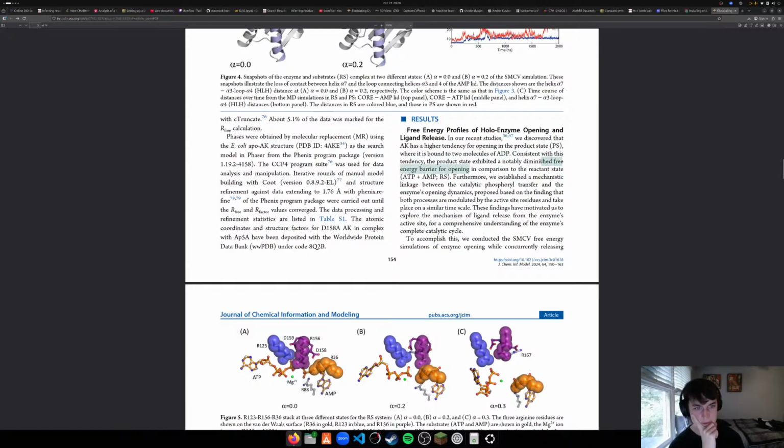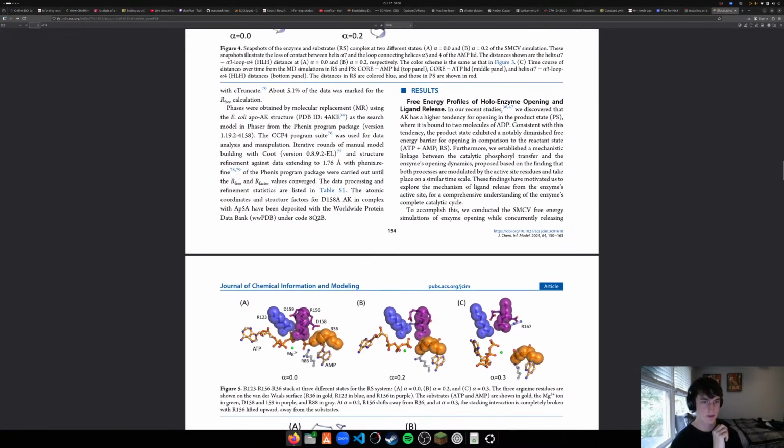Oh, okay, I see. Diminished free energy barrier for opening. Yeah, that means it's more likely to open.